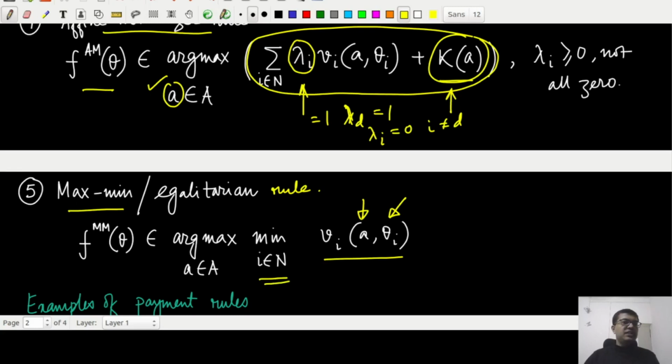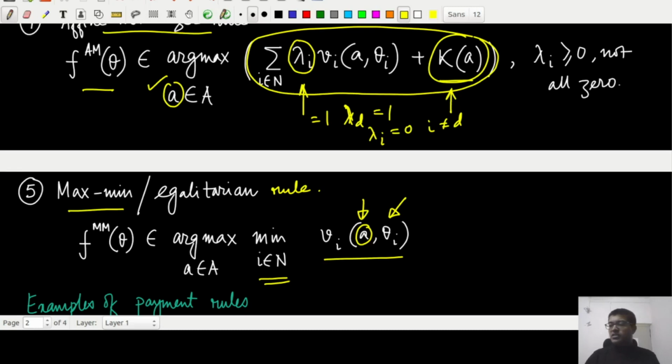So that is which player is getting the least value out of this allocation, and then picks the allocation which maximizes this minimum value.